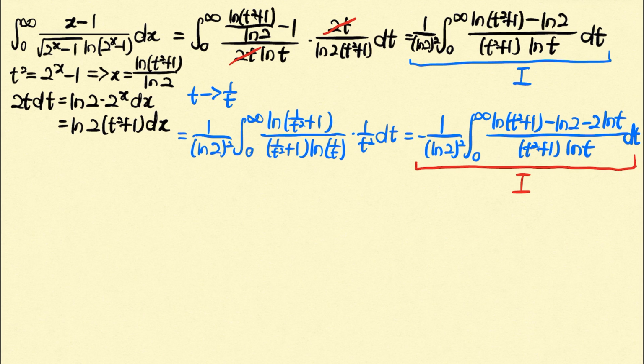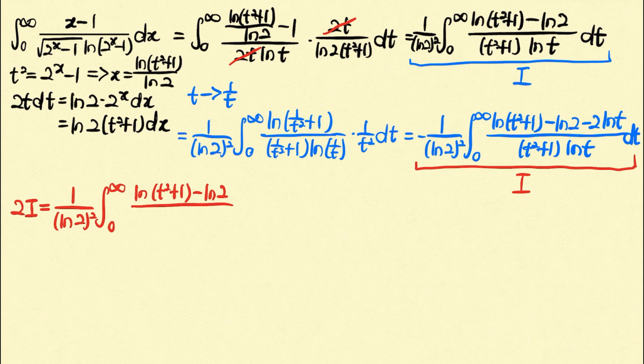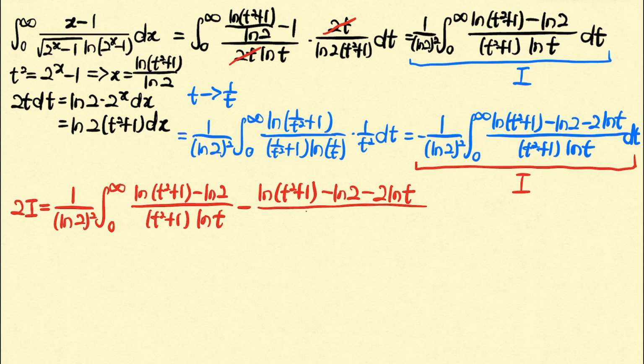Now we shall add up these two integrals, and what we get is 1 over natural log of 2, the whole thing squared, times the integral from 0 to infinity of natural log of (t squared plus 1) minus natural log of 2 over (t squared plus 1) natural log of t, minus the similar term, natural log of (t squared plus 1) minus natural log of 2 minus 2 natural log of t, all over (t squared plus 1) natural log of t, inside the big bracket, dt.